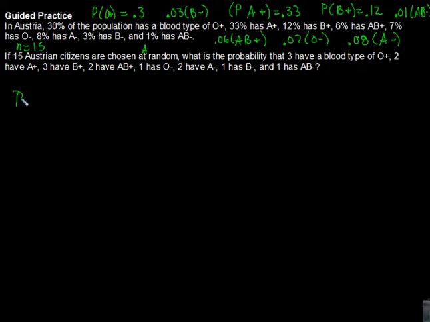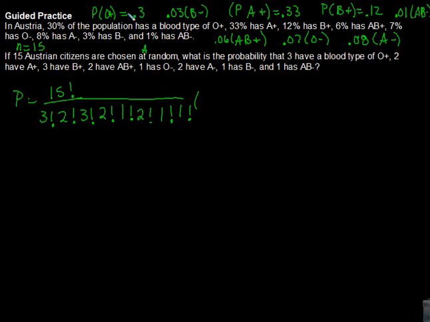All right, so let's figure out this probability. Okay, I've got 3, 2, 3, 2, 1, 2, 1, 1. And I've got O positive first, so that's 0.03 to the third. And then A positive, which is 0.33 squared. B positive is 0.12 to the third. AB positive is 0.06 squared.